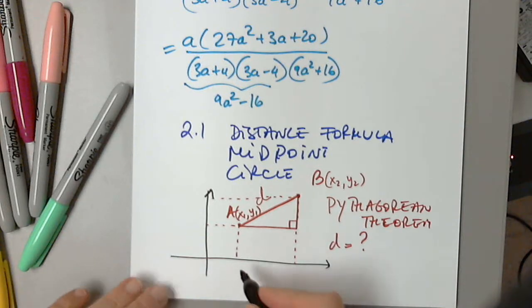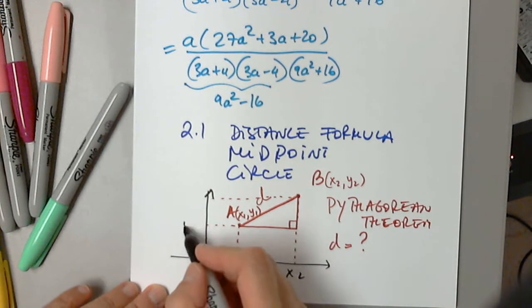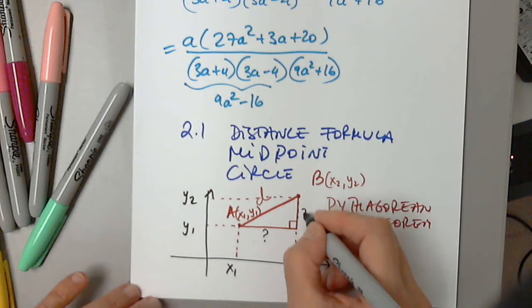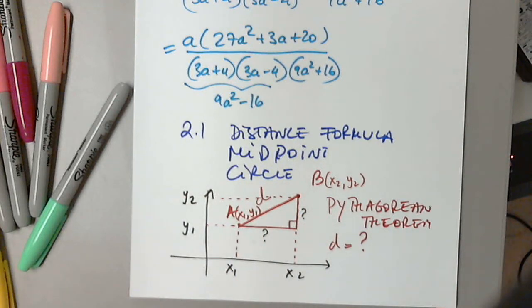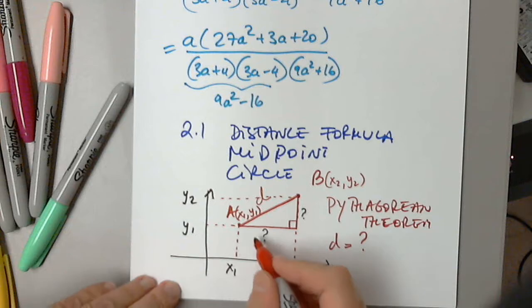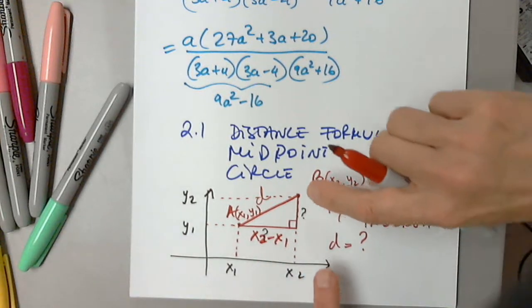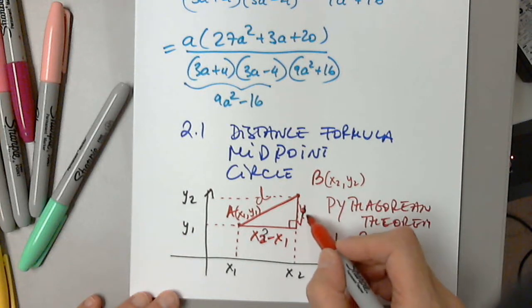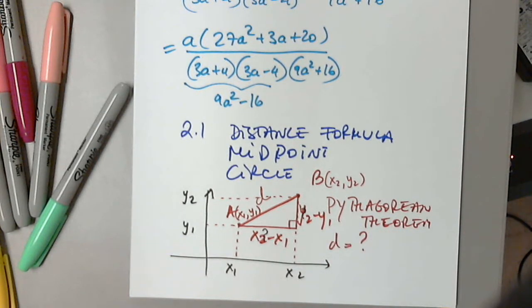So obviously this is x1, and this is x2, and this is y1, and this is y2. Can anyone give us the measures of the legs? How long is the horizontal leg? It must be x2 minus x1. Of course, thank you very much. What about this leg? y2 minus y1. That's all we really needed.